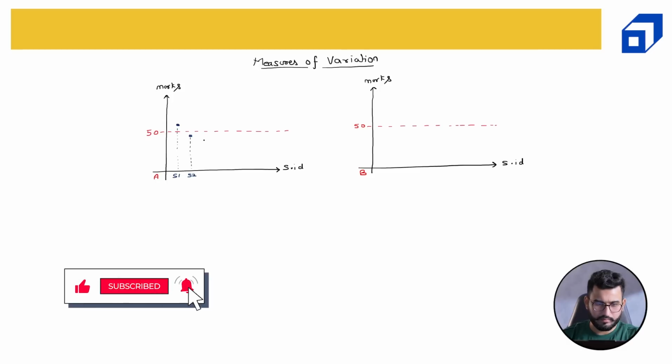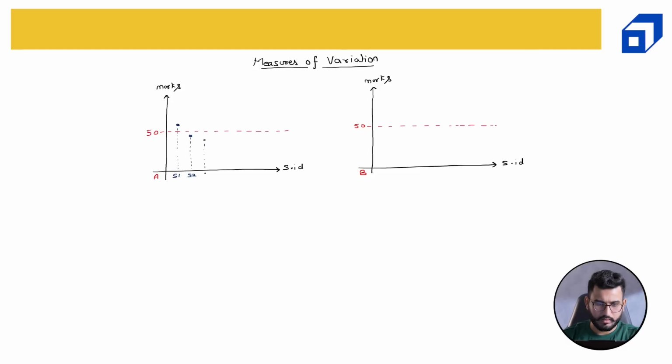Then we have student number 3 and so on. I'll just draw it now because I hope this gives a clear picture of what I'm trying to explain. So this is basically the scatter plot for subject A.